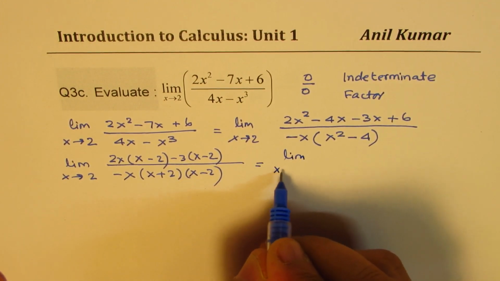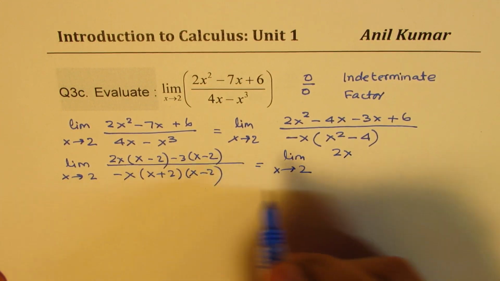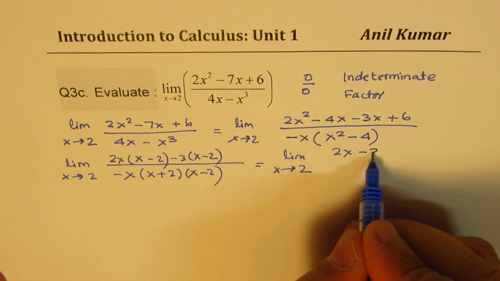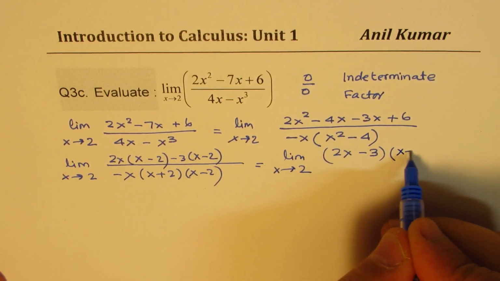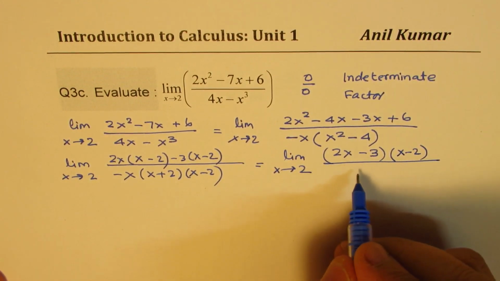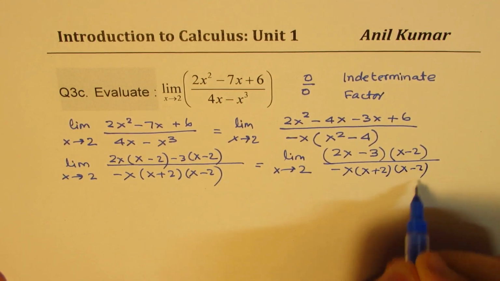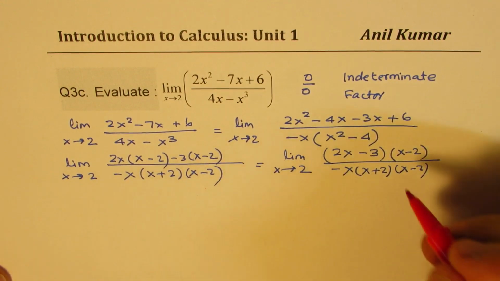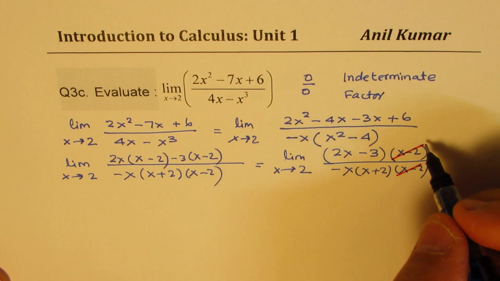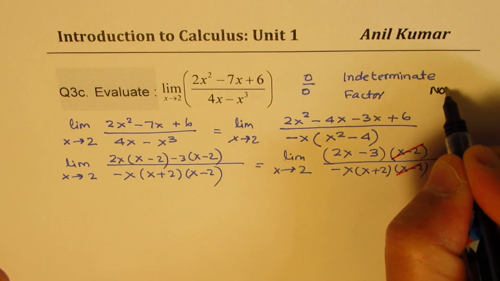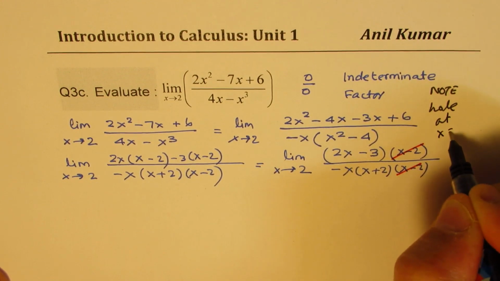Let's finish it off. So now we have (2x − 3) times (x − 2). x − 2 is a common factor, correct? Over minus x times (x + 2) times (x − 2). So we can now cancel these 2 common factors. That really means we have a hole at x equals to 2, right?